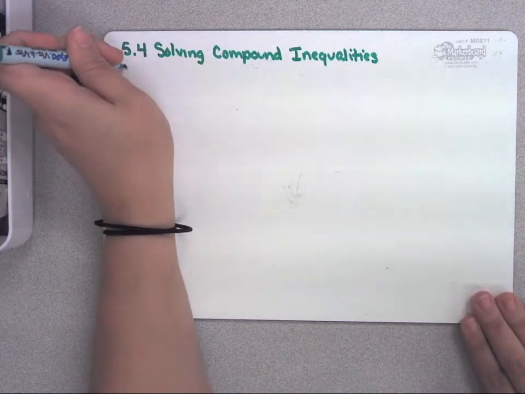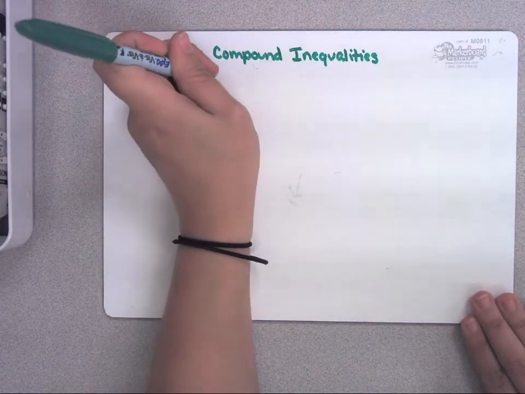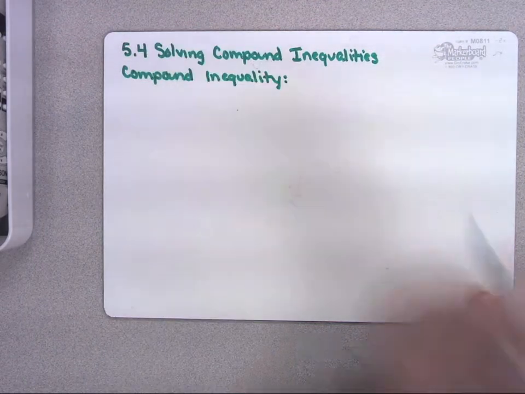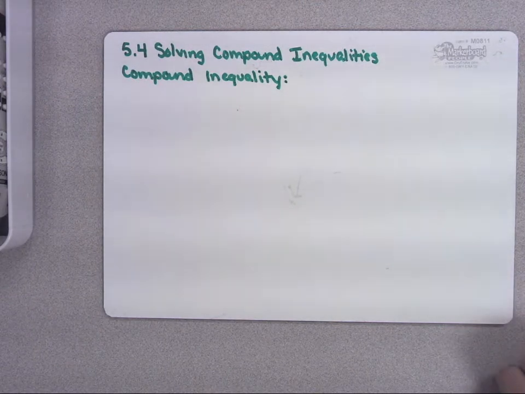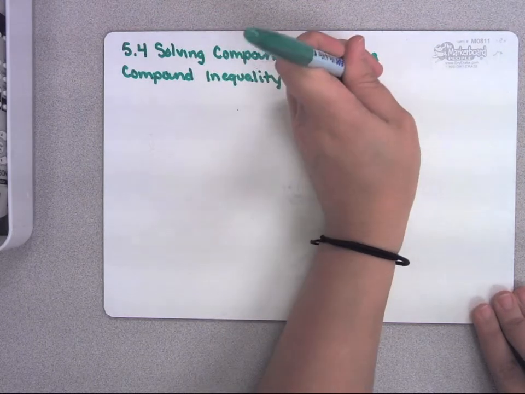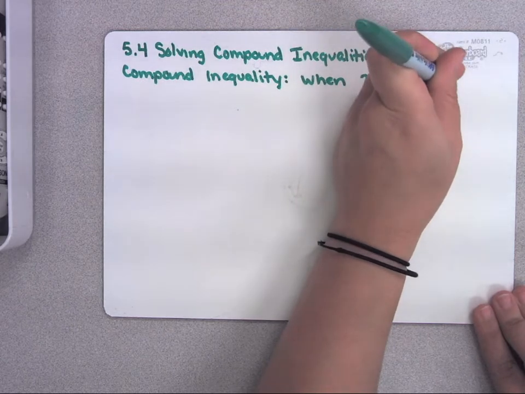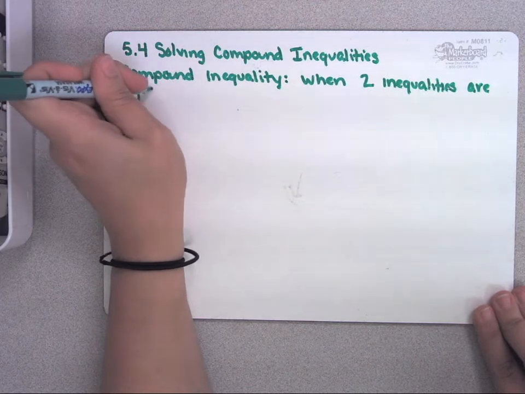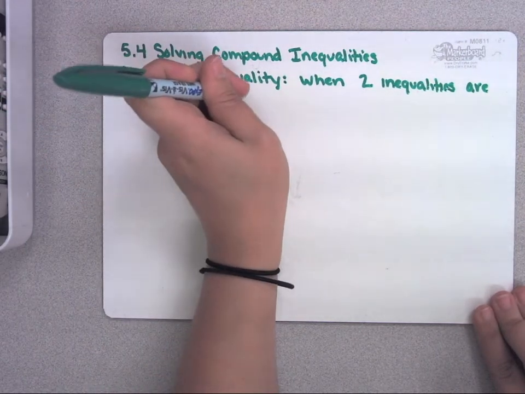A compound inequality is when 2 inequalities are graphed on the same line.